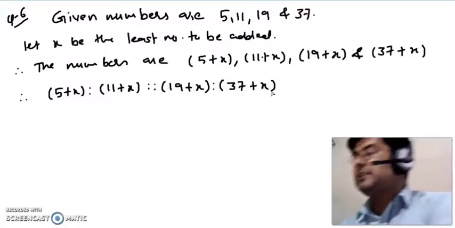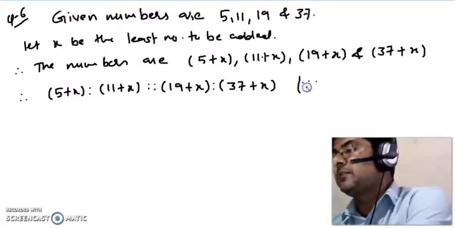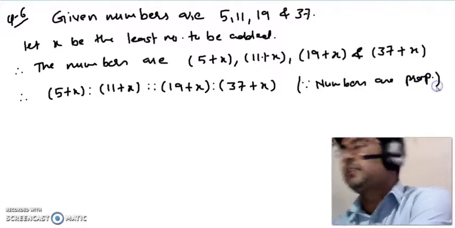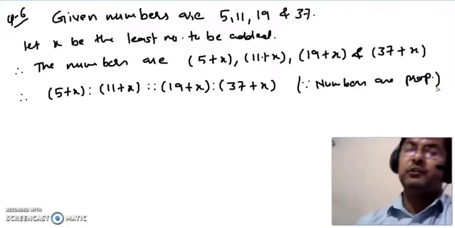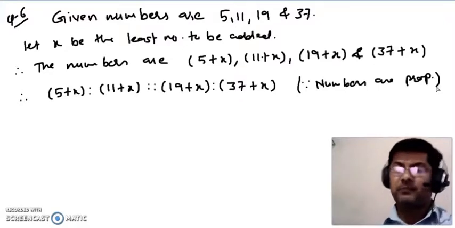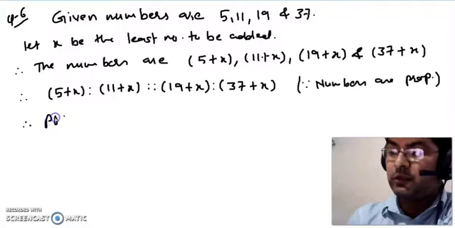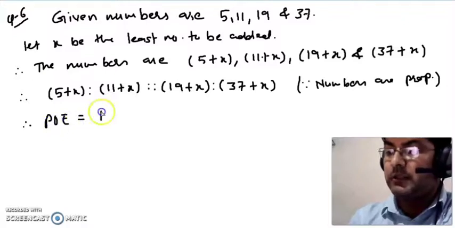Since it is given that the numbers are proportional. After adding x, the numbers become proportional. Now we will use the result: product of extremes is equal to product of means. So we will write down product of extremes, POE, is equal to product of means, POM.